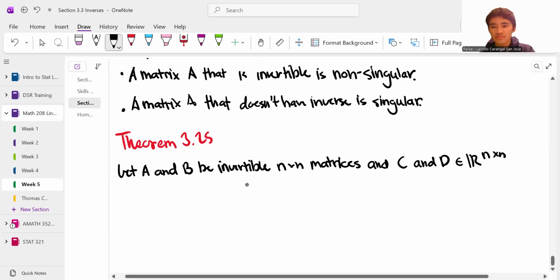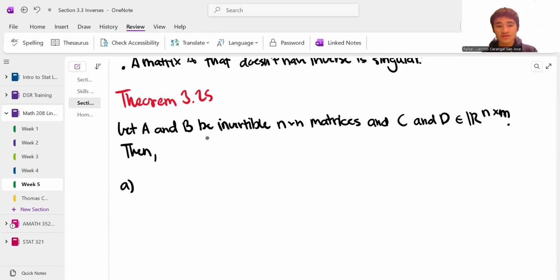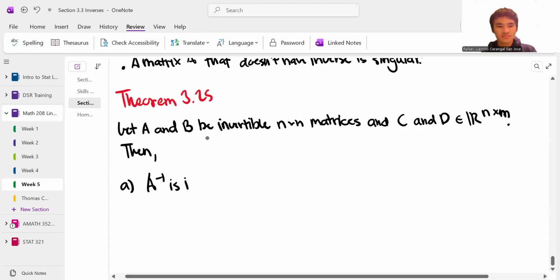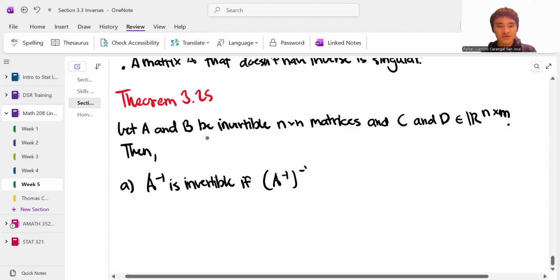So these guys are different. And then we have the following. For letter A, A inverse is invertible, and when we take its inverse, we get back A.